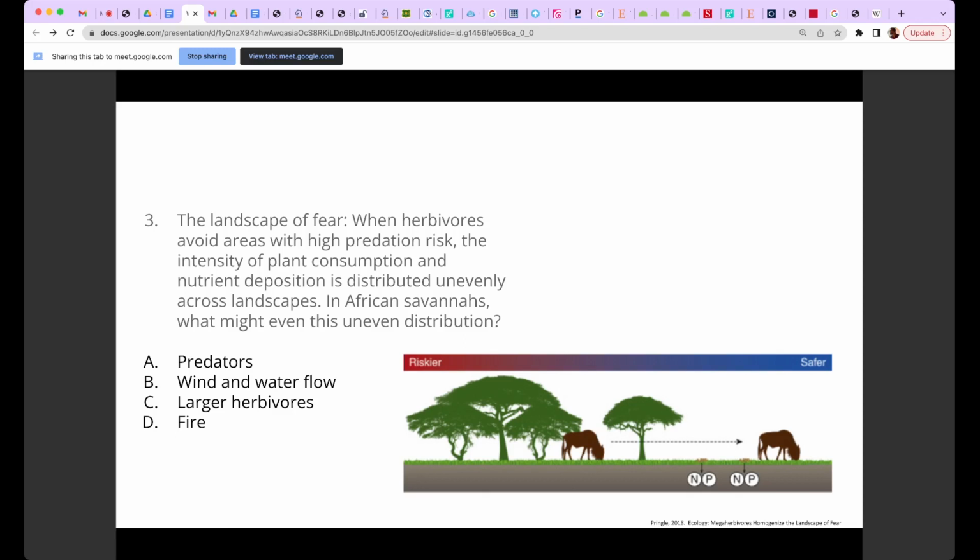Wind and water flow can even them out, but that would mean it can happen only in certain areas. If it's water flow we're talking about, and the forest is on the down slope and the grassland is on the up slope, then probably some evening out can happen because of water flow. Similarly, the case can be the same for wind flow.